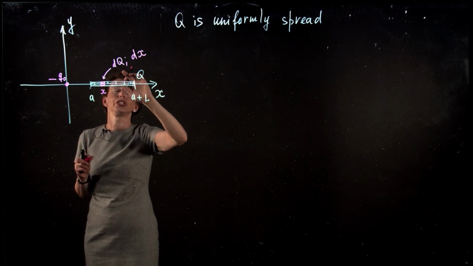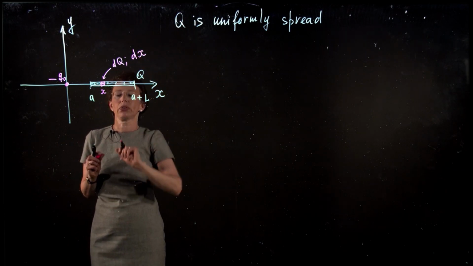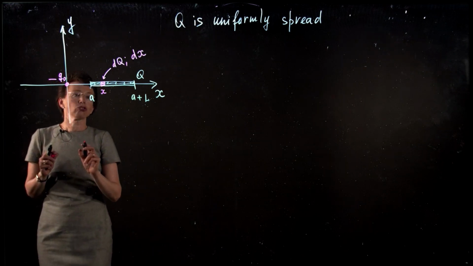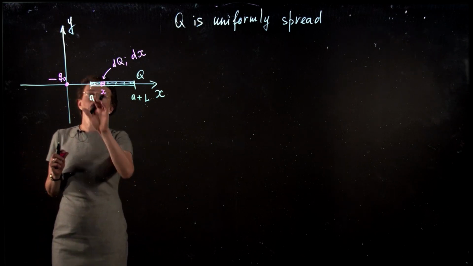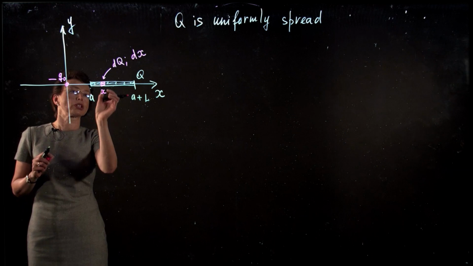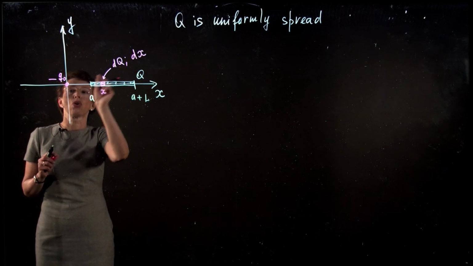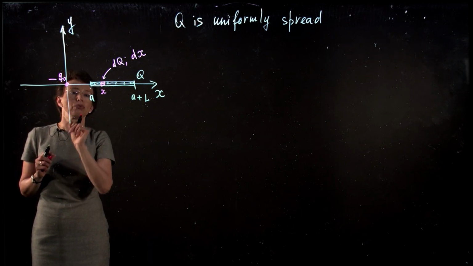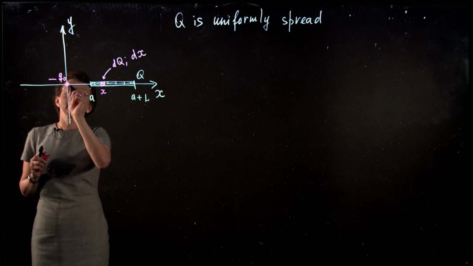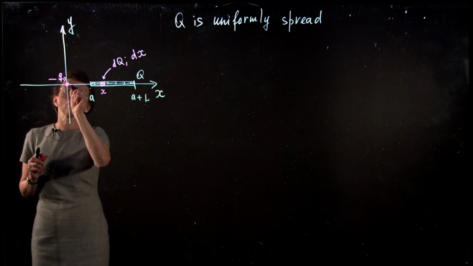So charge dq located within dx. We can write the magnitude of force exerted by this dq on minus q naught. First, let's draw it. This will be attractive force.